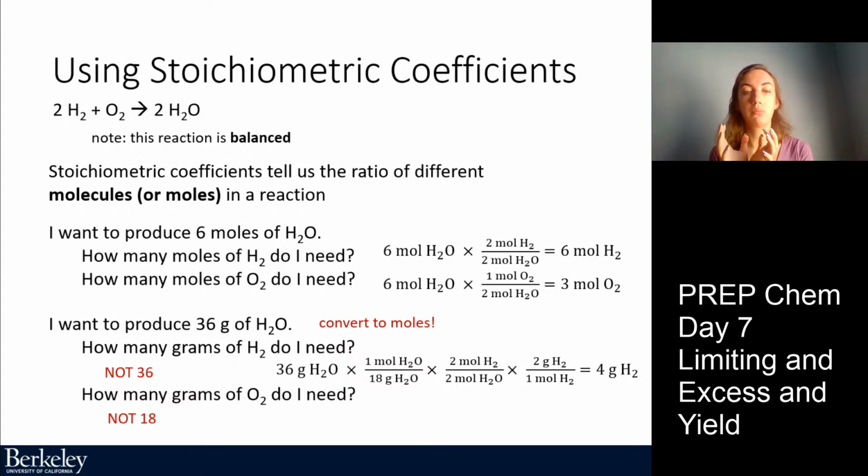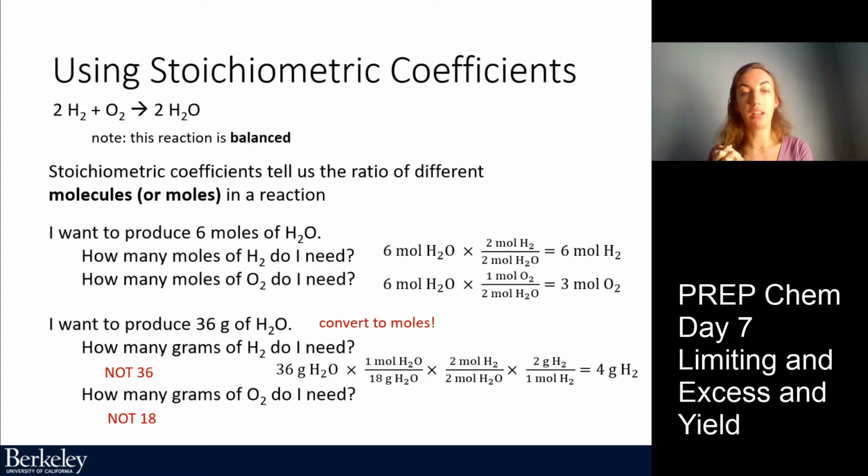So 1 mole of H2O is 18 grams of H2O. Now I can use my conversion factor to go from moles of H2O to moles of H2. That's my stoichiometric ratio. And then I can use the molar mass of H2 to convert moles of H2 into grams of H2.